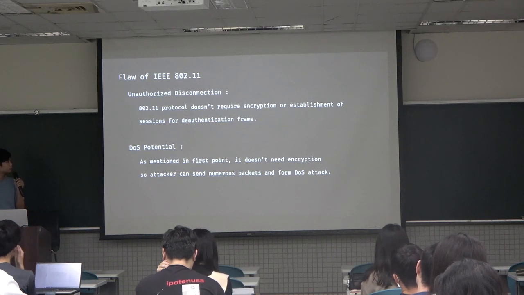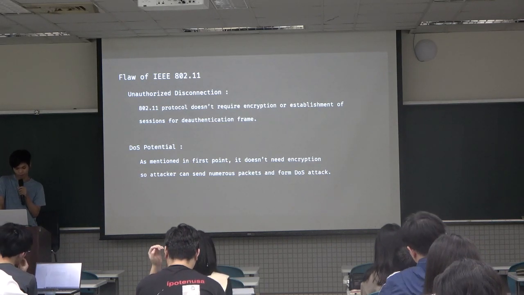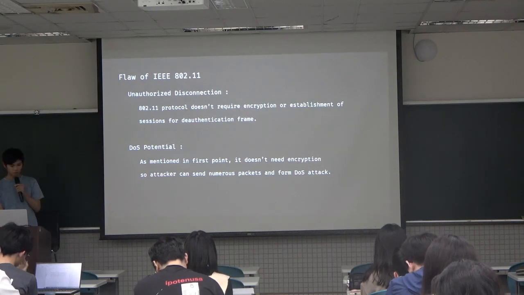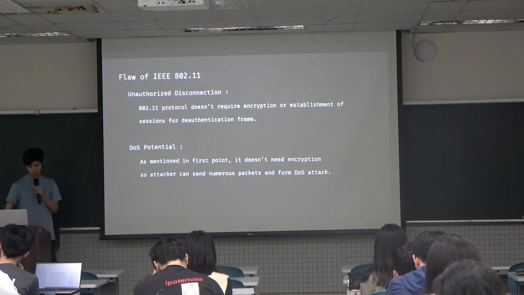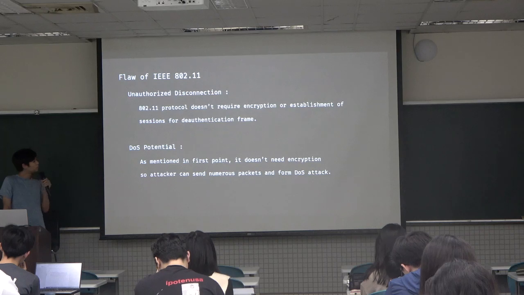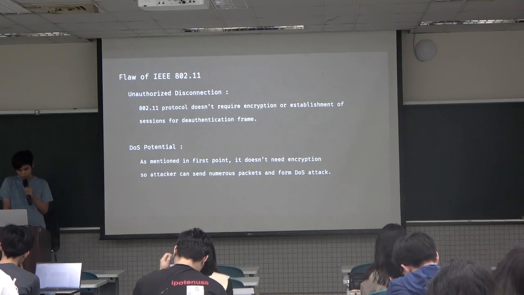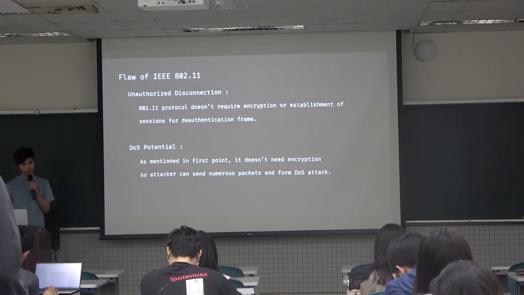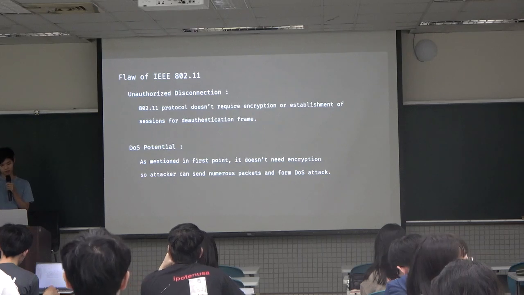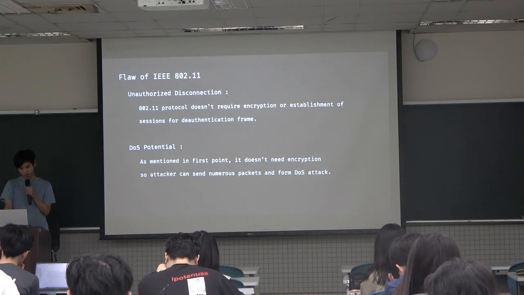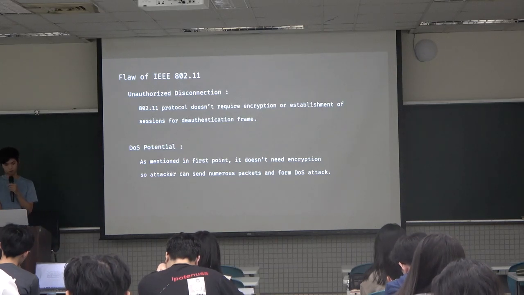So we are now introducing the flaw of IEEE 802.11. In older protocols, there is an unauthorized disconnection frame, just like we previously talked about. This frame will tell your device to disconnect from the Wi-Fi access point, and there is no encryption or protection for the frame.